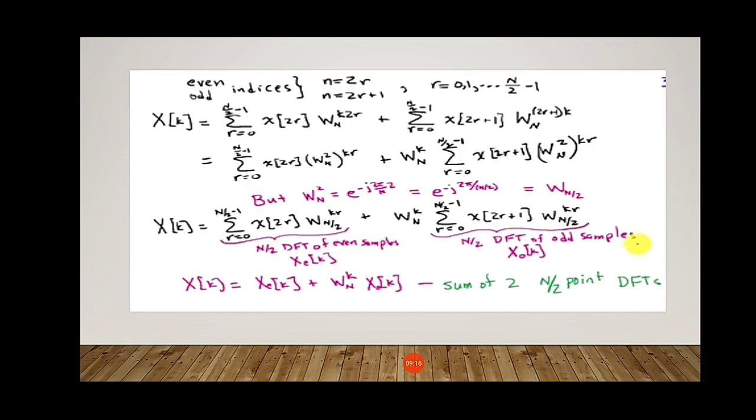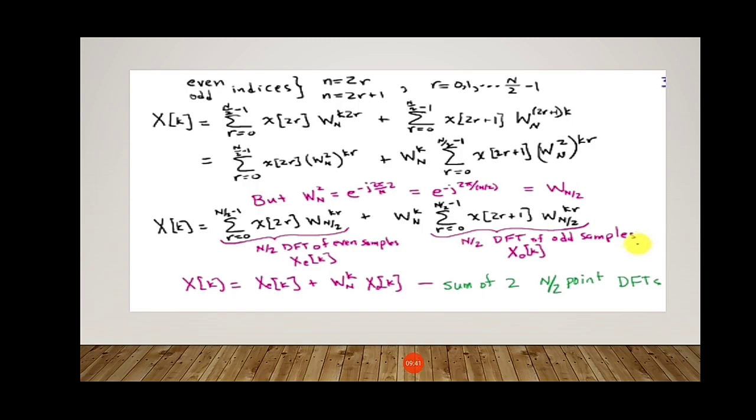Now, what we do is we replace n by 2r for the even part and replace n by 2r plus 1 for the odd part. And the summation also gets changed to r is equal to 0 to N by 2 minus 1 for both the cases.